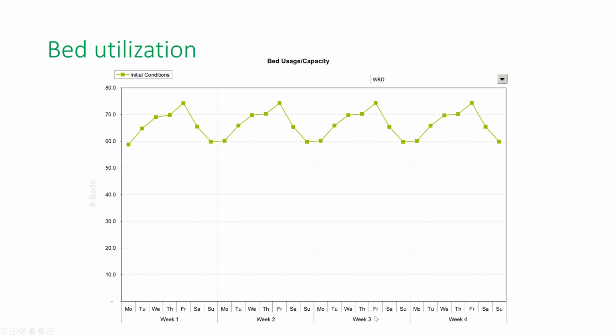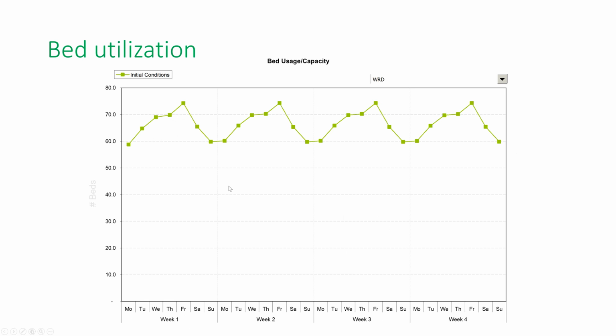So week 1, week 2, week 3, and you have different days of the week. And this is very classical for almost all hospitals. Weekends are usually less busy, and on Monday it starts to get busy, and on Wednesday or Thursday it gets really busy, then it goes down again. But here, if you plan for it, then you have to have 75 beds, and you have to have them operational.